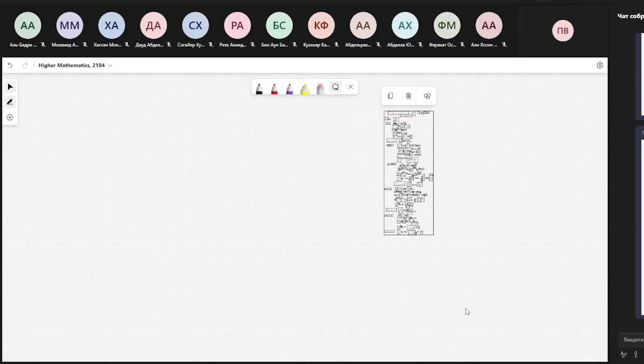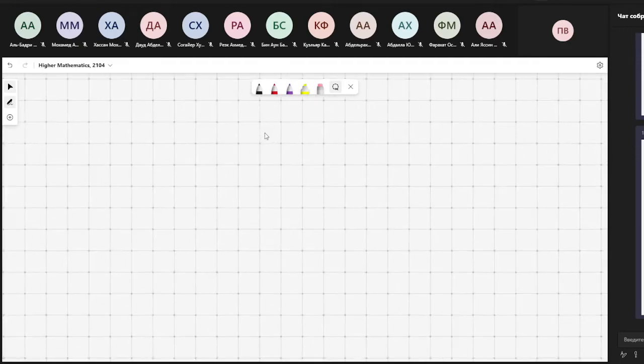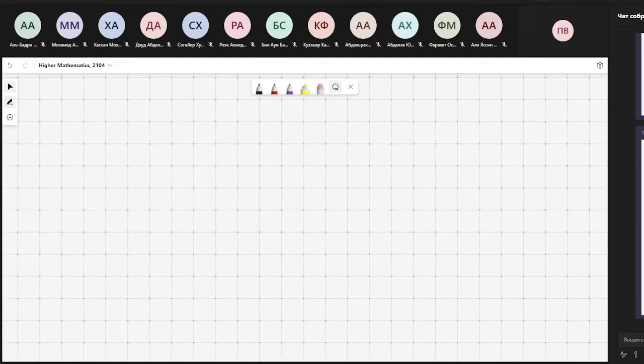The next function that we must differentiate is the function represented parametrically.